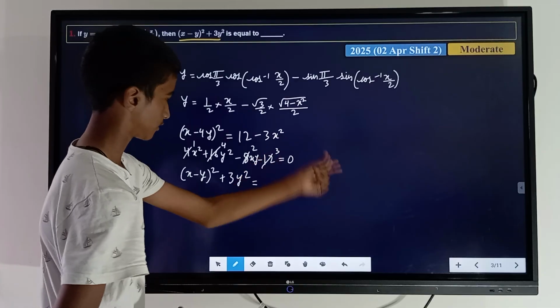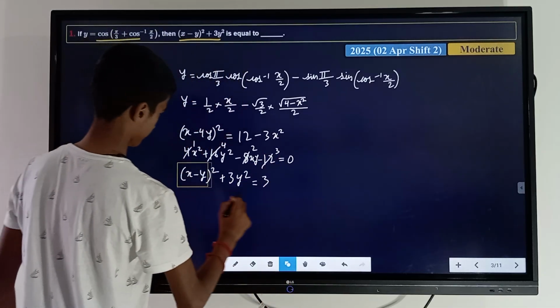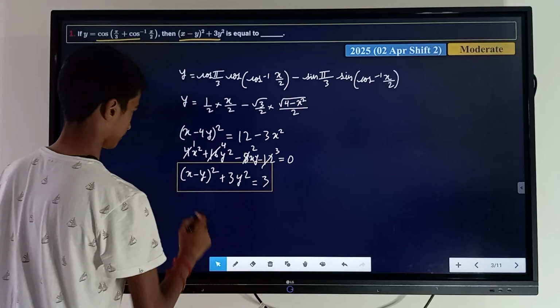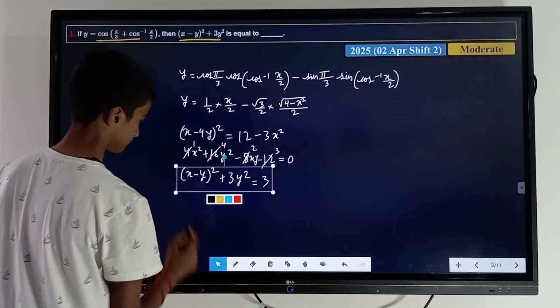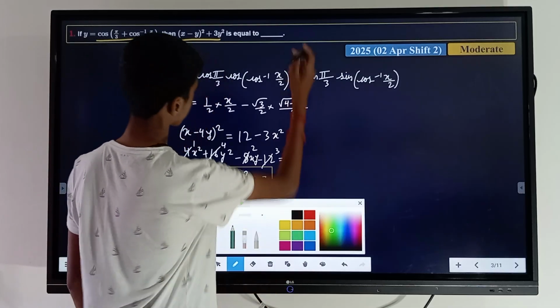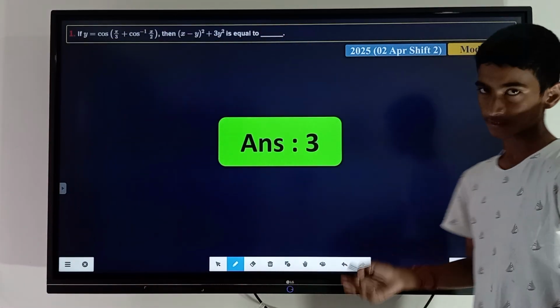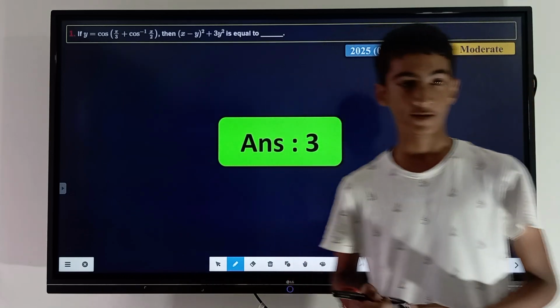Let's take this minus 3 to the right hand side. So from here our value for the required expression in the question is 3. And from here we can see that our answer is correct.